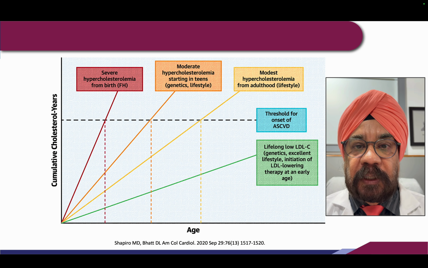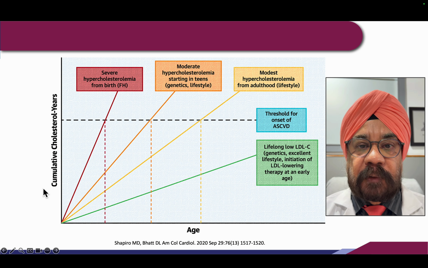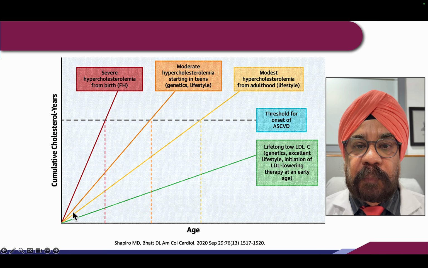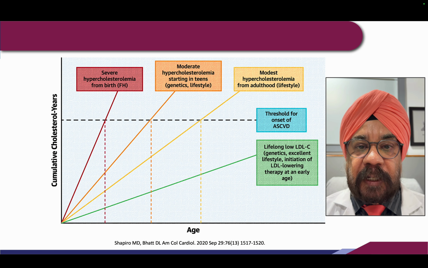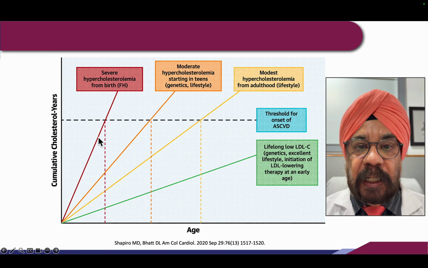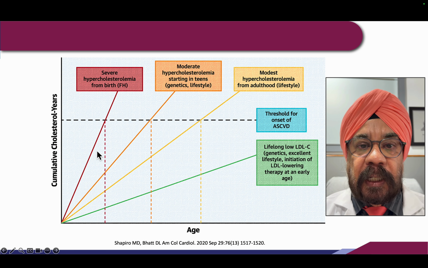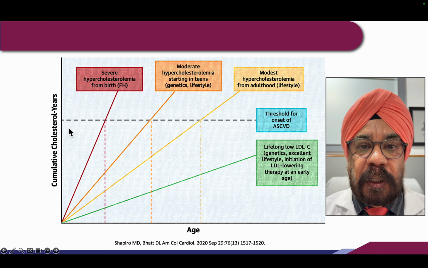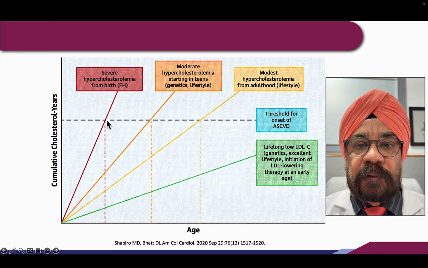Now, we have a new concept of cholesterol years. How many years the bad cholesterol has been high in the body affects your outcome. For example, in familial hypercholesterolemia or a dyslipidemia, the levels are high very early in age. You have high cholesterol for a number of years, and that is achieved early.